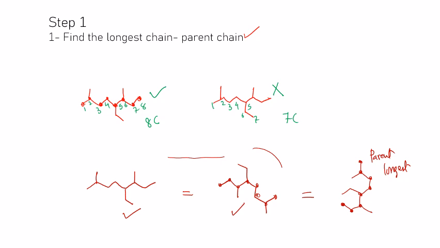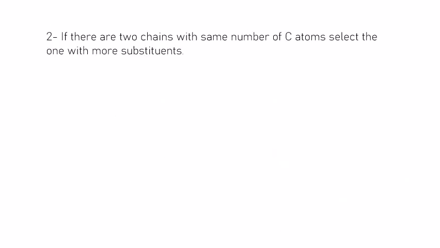First we have to find the longest parent chain. Suppose you have a branched chain compound in which you can select the longest chain with the same number of carbon atoms in 2 different ways. What will we do? Let us see. In that case, you have to select the one with more substituents. So 2, 3, 4, 5, 6, 7. Okay. 2, 3, 4, 5, 6, 7. And now suppose I have a substituent here and a substituent here, and here I have a substituent here. Okay.